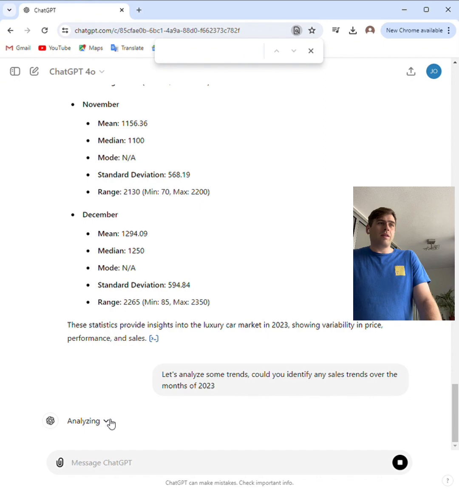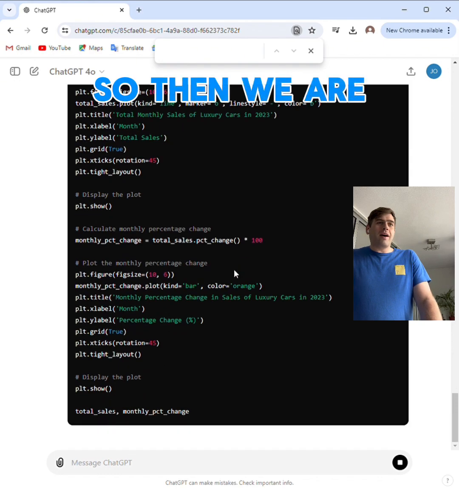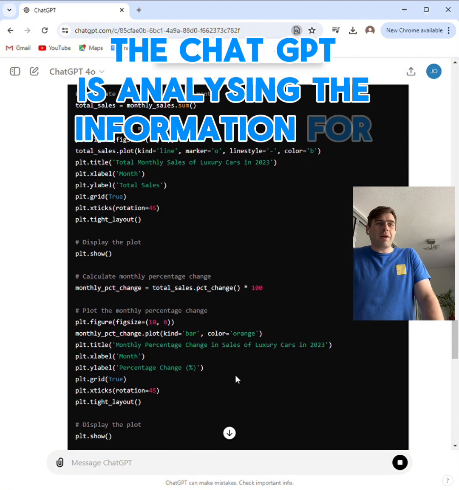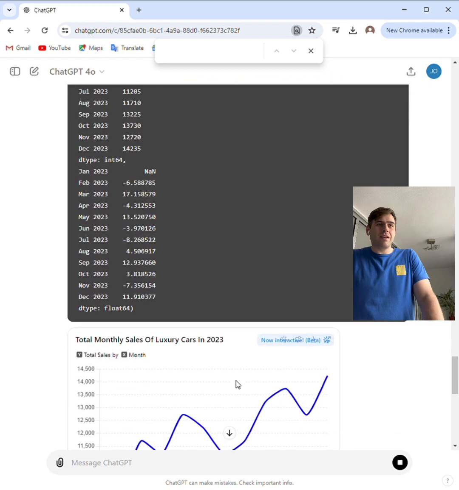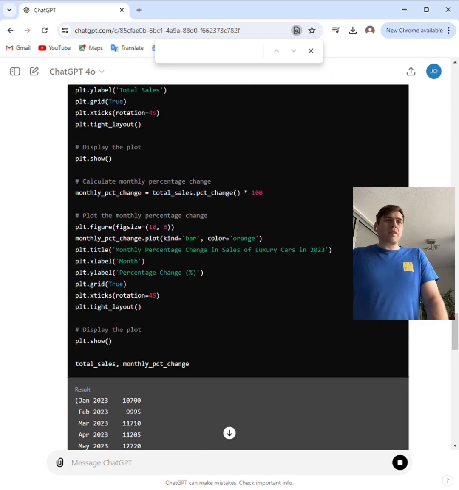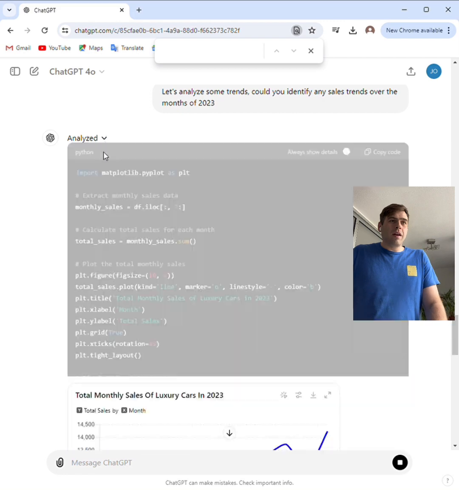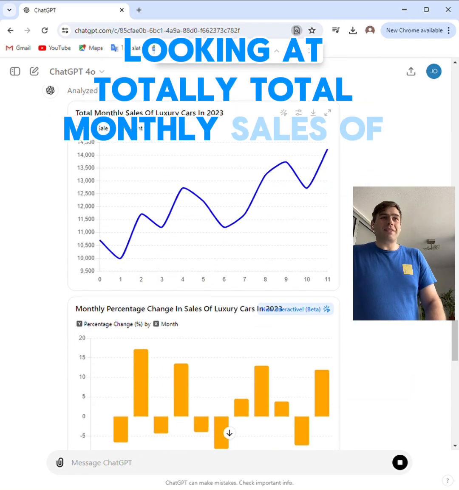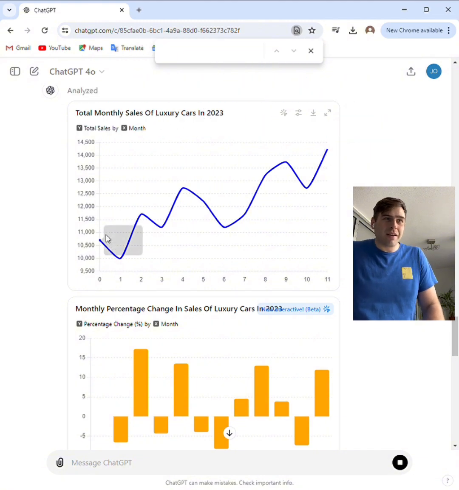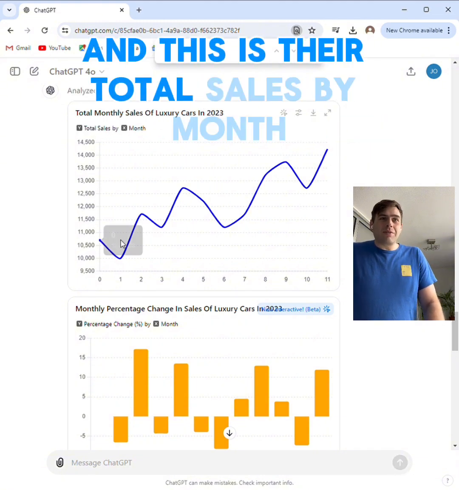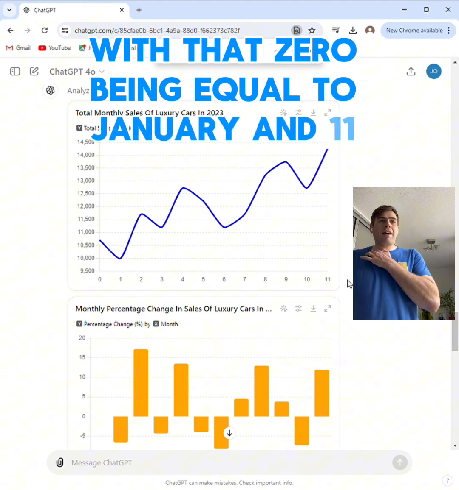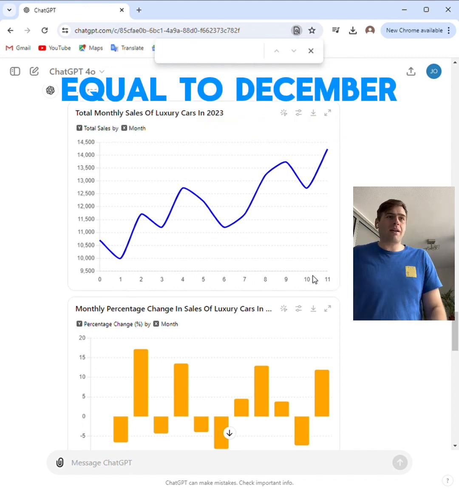Then ChatGPT is analysing the information for the sales trends. And we see the output here is looking at total monthly sales of luxury cars in 2023. This is the total sales by month, with 0 being equal to January and 11 equal to December.